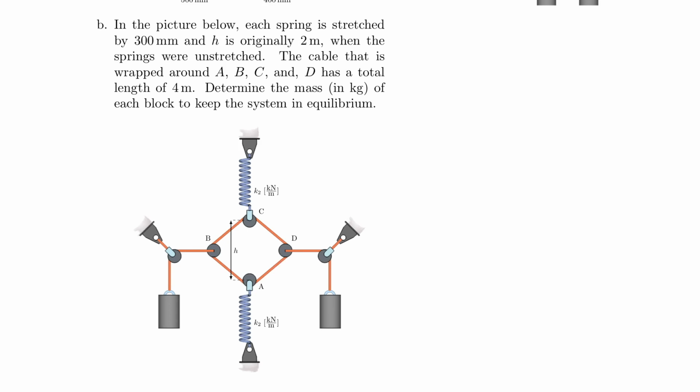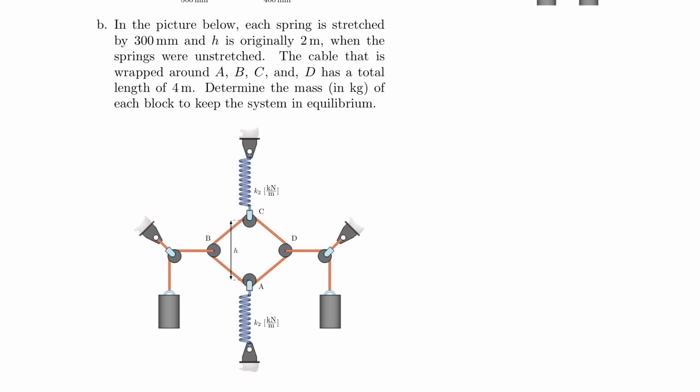And now, before I read on, also notice that we have these containers here, for example, the one here on the bottom left, that wraps around the pulley and then attaches to point B, which really pulls the system to the left, whereas at D, it pulls to the right due to gravity acting on these containers. And so that means it wants to stretch this diamond-shaped thing out, and therefore the spring here goes down and this spring goes up.